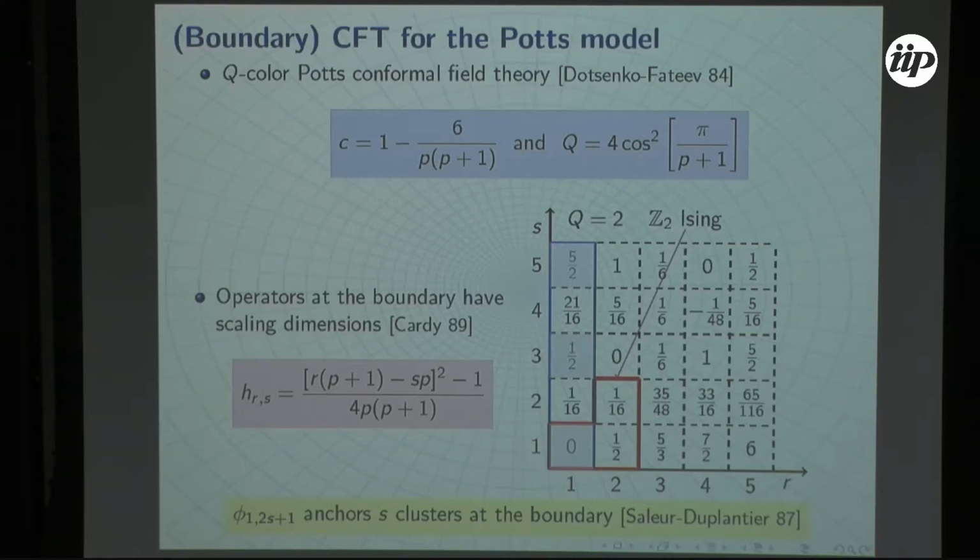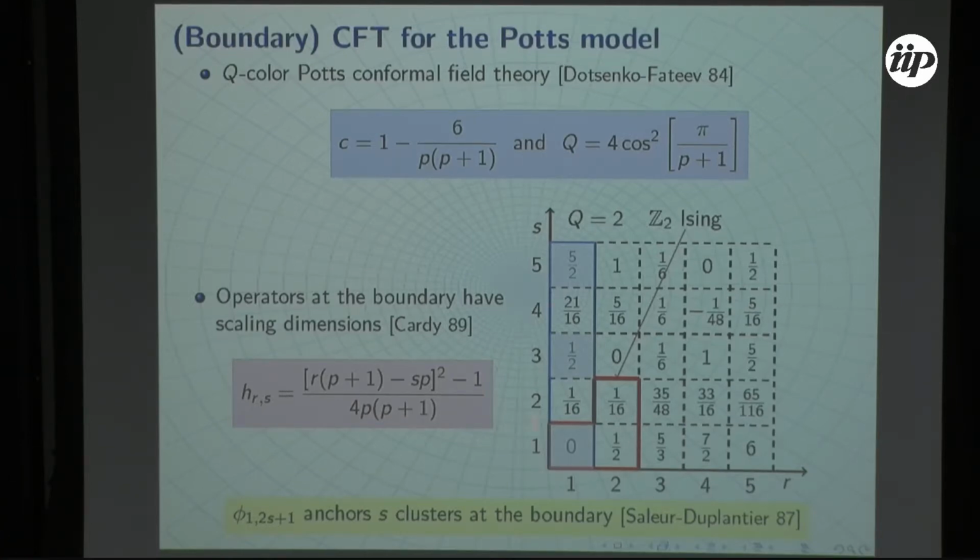In particular, if I consider, in this notation by Kac, the operator phi_1,2s+1, and I insert this operator at the boundary, then essentially this operator enters s clusters at the boundary. The exponents h_1,2s+1 are also called watermelon exponents, for a reason which I think is clear if you imagine a two-point function of these operators.